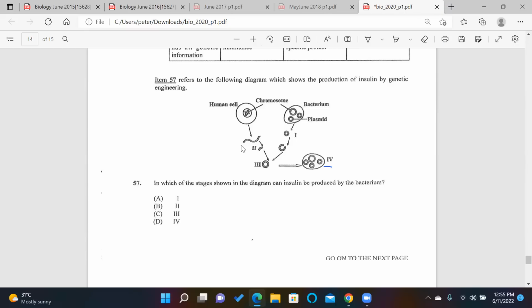This is a chromosome. It's just pulled out. What's this? This is a chromosome. What's this? That's a gene. All right, so let's start from here. What's this?